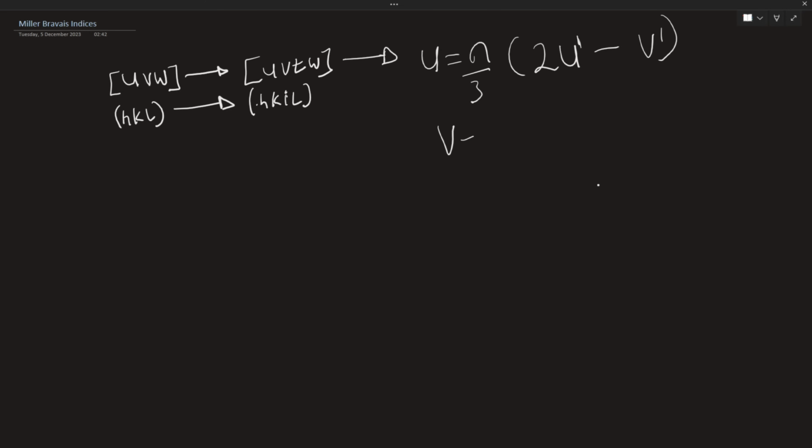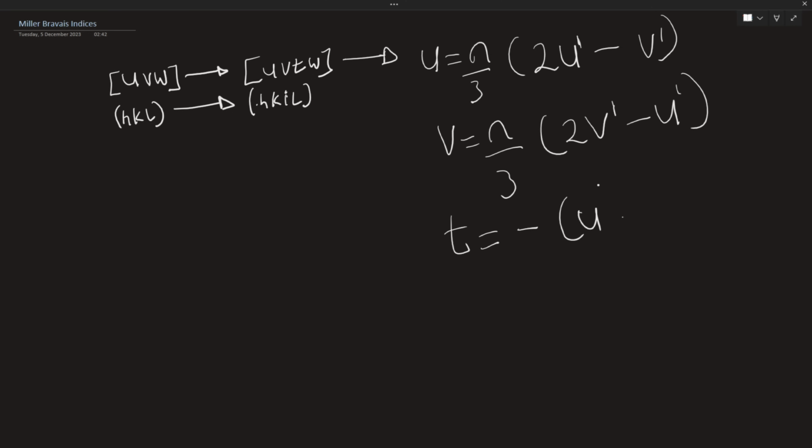Then formula for v is the same thing, but we just tweaked a few things: 2v initial minus u initial, and we have our t to be minus open bracket u plus v. Then we have our w to be n times our w initial. Sorry, I didn't close these brackets.